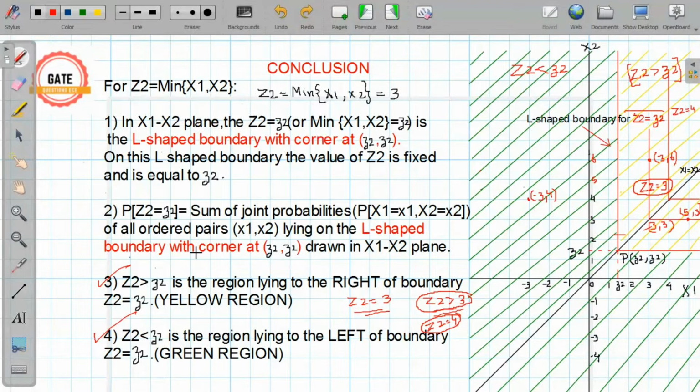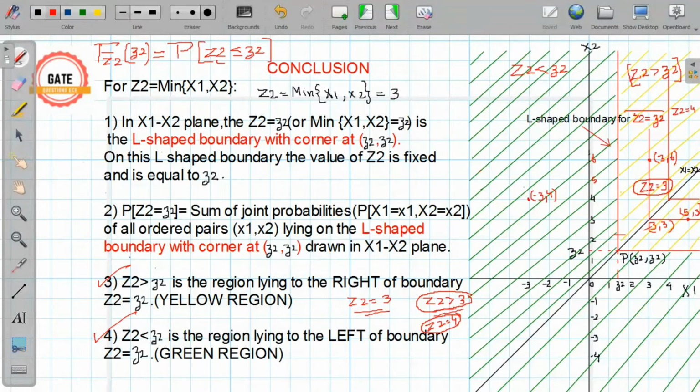So now we will use all this information to define the CDF of Z2. Since we know that the CDF of Z2 is represented by this expression, this is equal to the probability that capital Z2 is less than or equal to small z2.